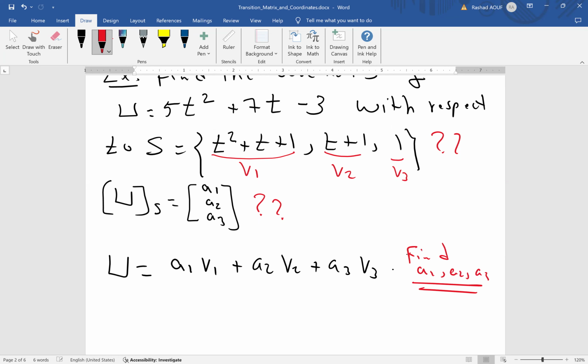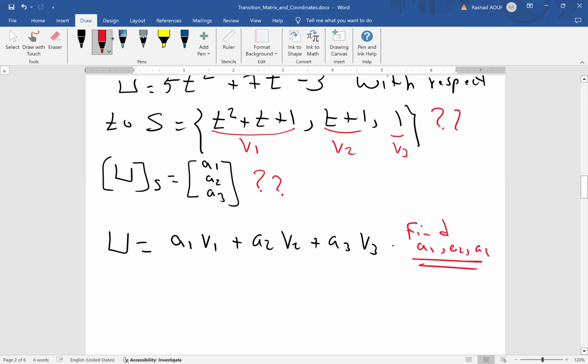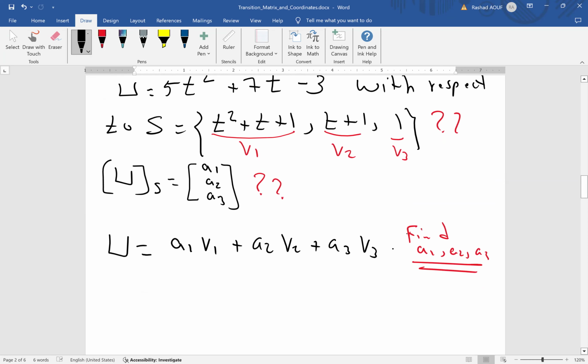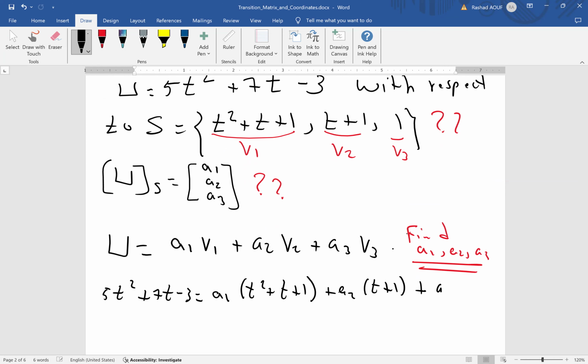It is easy: we expand and collect the t squared terms, the t terms, and the constants. So we write u equal 5t squared plus 7t minus 3 equal a1 times (t squared plus t plus 1) plus a2 times (t plus 1) plus a3 times 1.